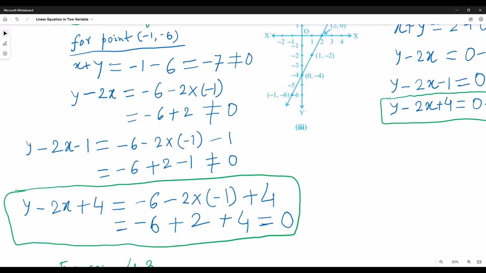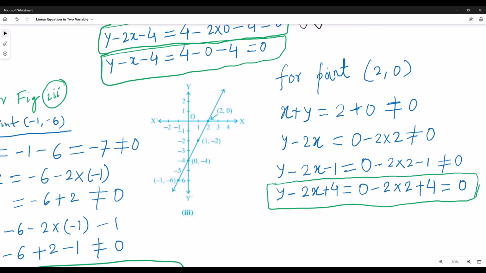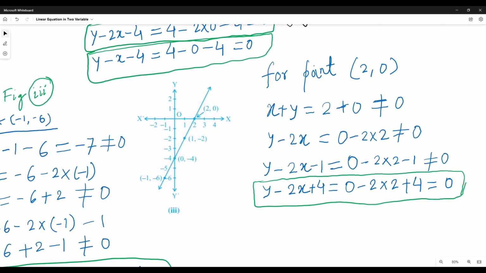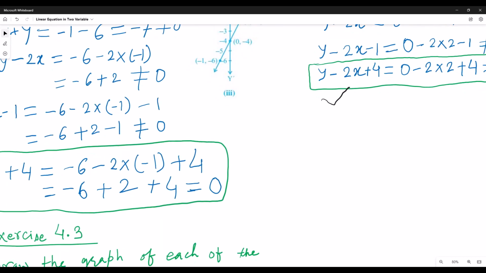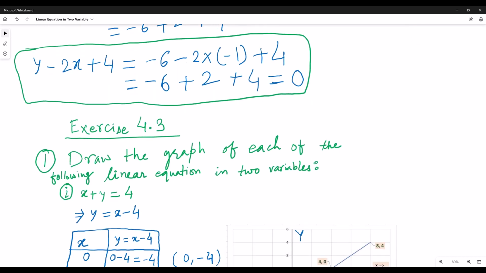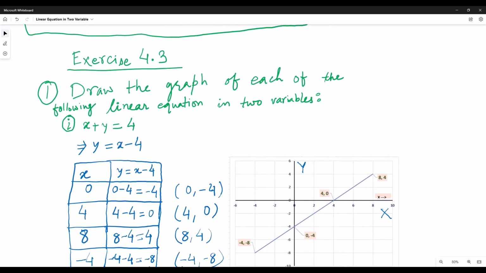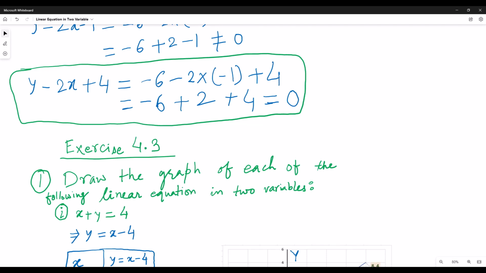For point -1, -6 and for point 2, 0, we will get that this y minus 2x plus 4 is true in both the situations. Only one is not enough, 2 points have to be the same. Okay, so we have come to the exercise. Solve the exercise and come back.